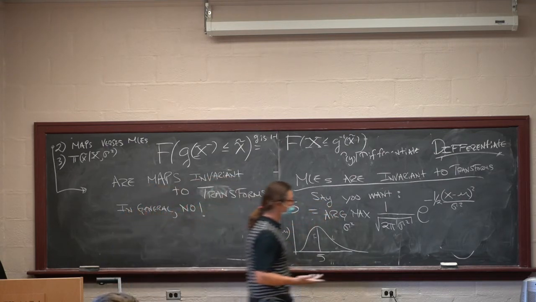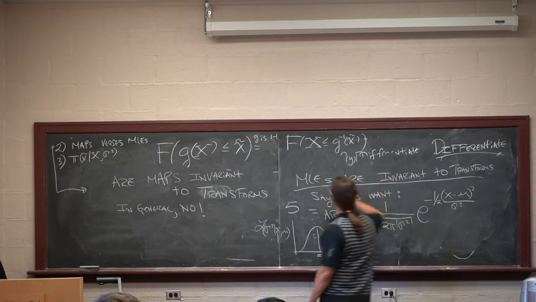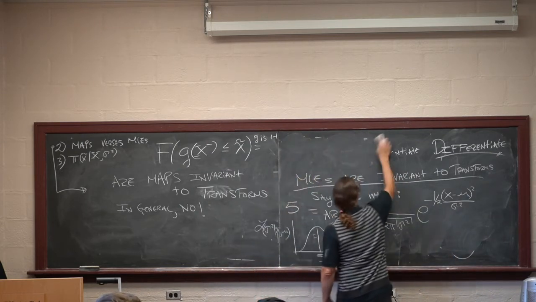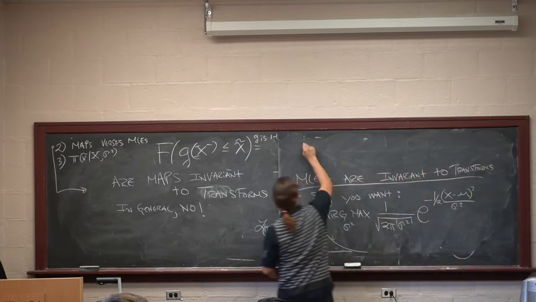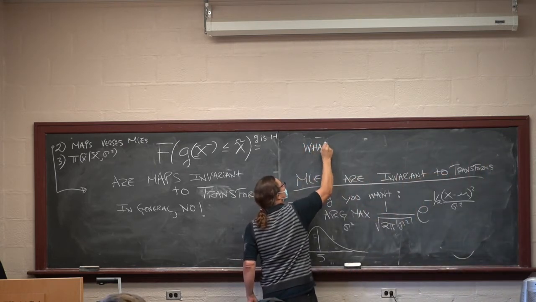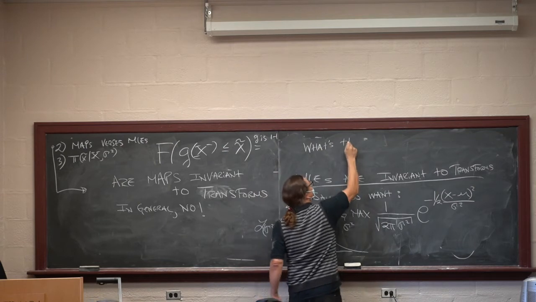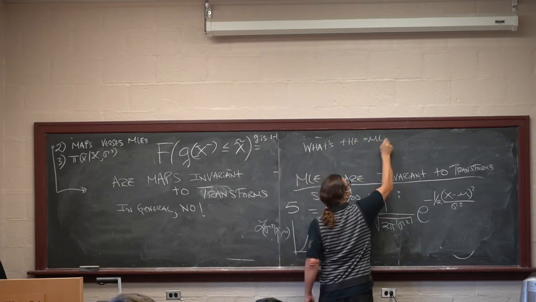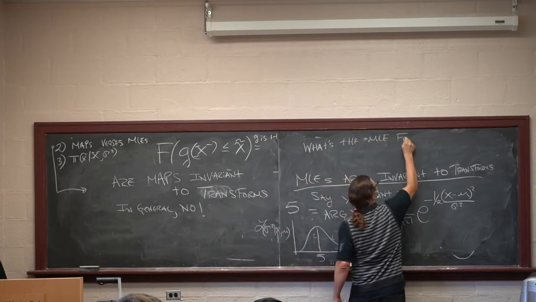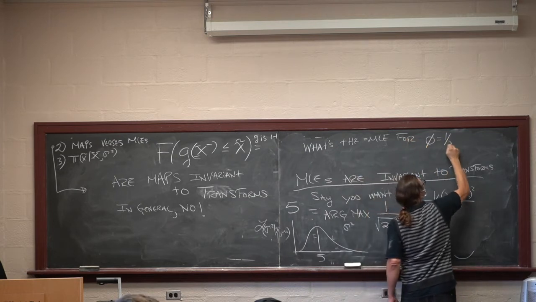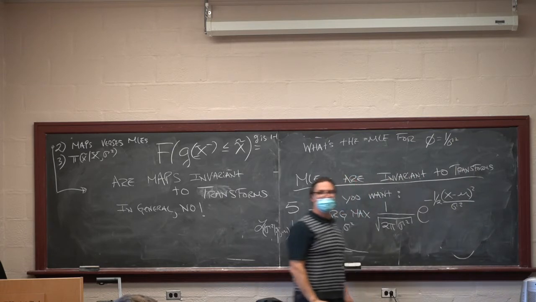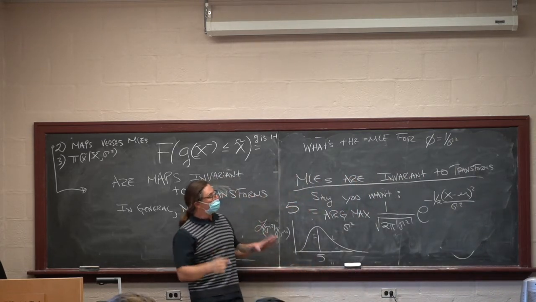Now I might want to know the answer to a different question. Say somebody asks you, what's the MLE for v equal to 1 over sigma squared? And we know the answer.